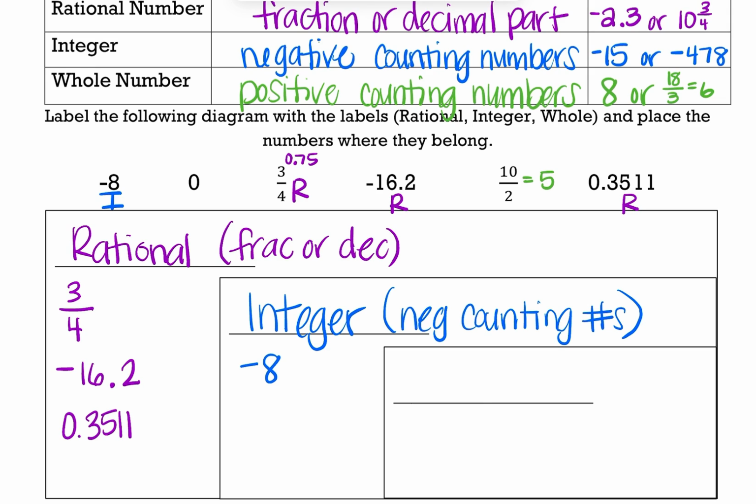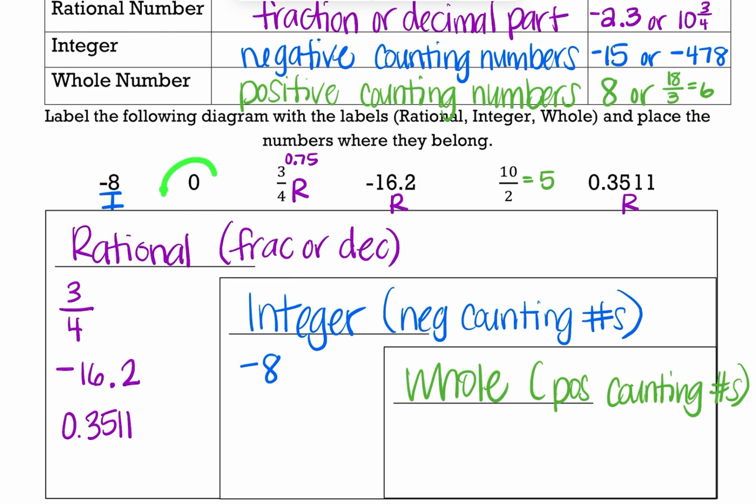And then our very center is going to be our whole numbers. And again, those are positive counting numbers. So all I'm going to do is go through and grab anything that's a positive counting number. So we have 0. So 0 is going to go here in my whole numbers. Oh, I need to label it.